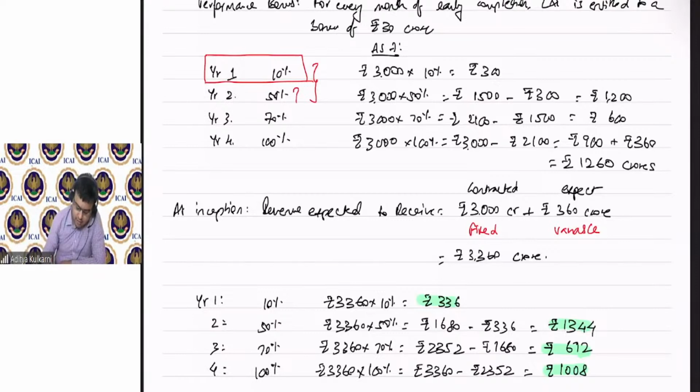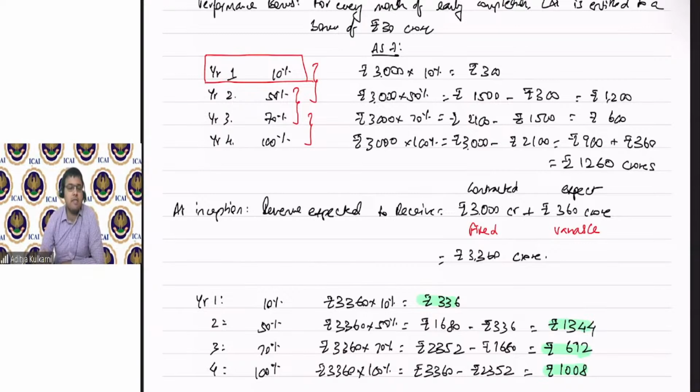Coming to year 3, I have completed an increment of 20%. So 3,000 into 20% gives you 600 crores. That is also fine. But coming to the fourth year, the reader is going to be confused.